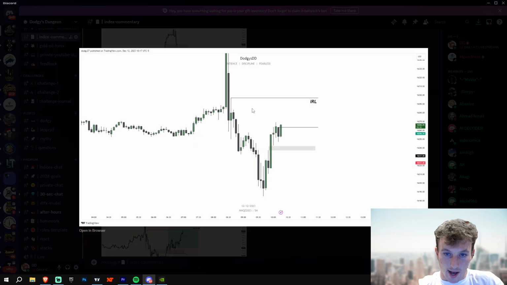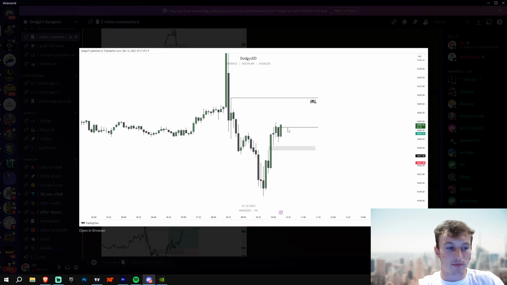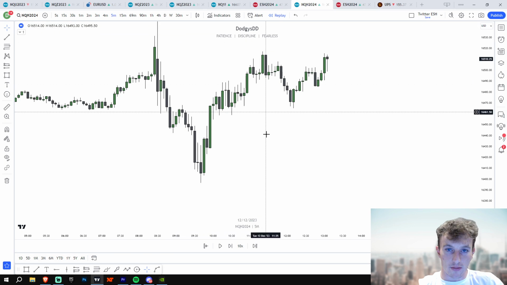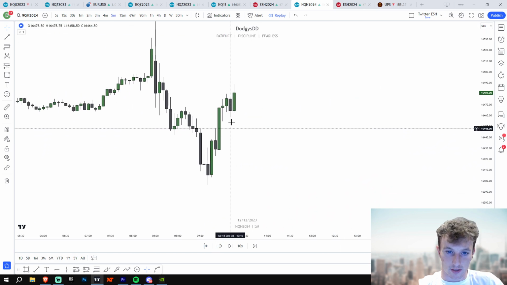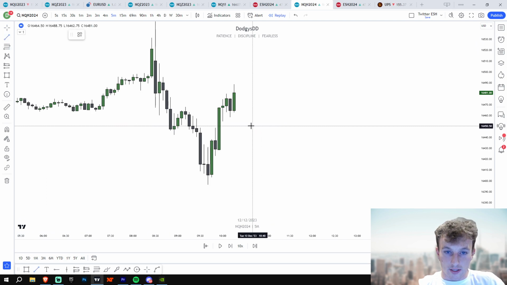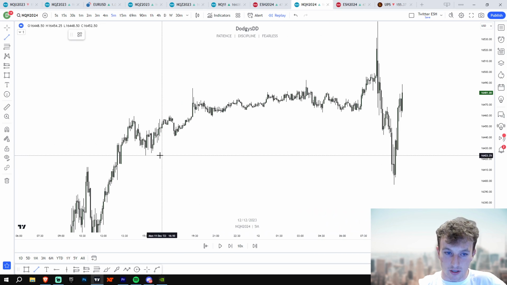I had this internal range liquidity marked, and I had these data highs marked. This down close candle, the fact that we closed above it told me everything. However, did we ever take liquidity when this candle was present? Many people would say no. Well, that's not true. We did take liquidity, and we're delivering out of a 4 hour fair value gap. We purged liquidity off open.